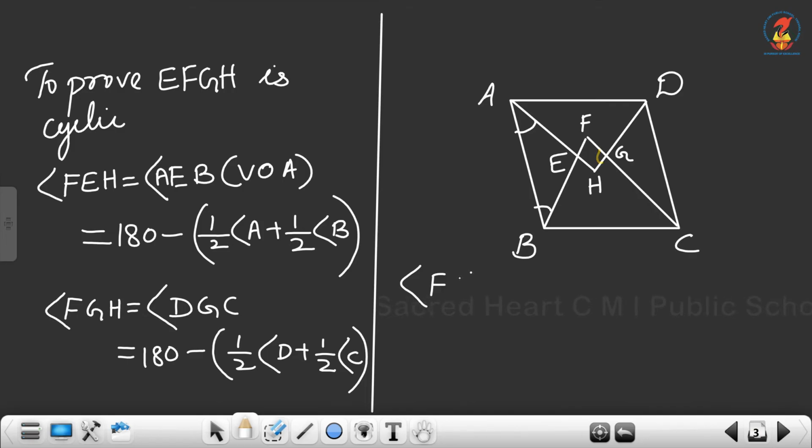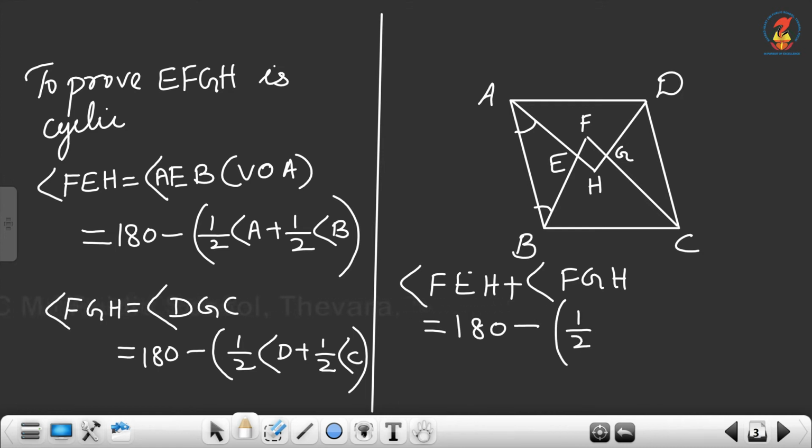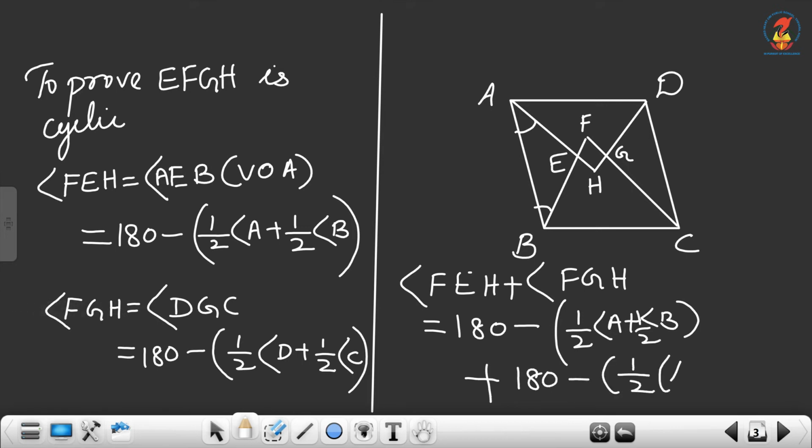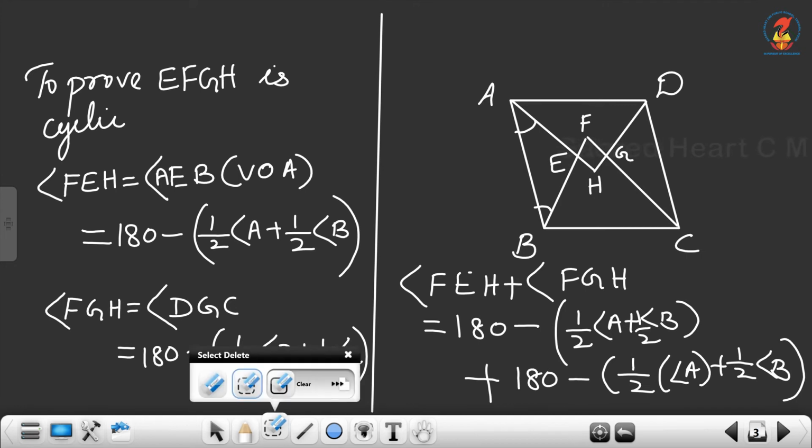Angle FEH plus angle FGH is equal to 180 minus half of angle A plus half of angle B, plus 180 minus half of angle A plus half of angle B. We are adding these two.